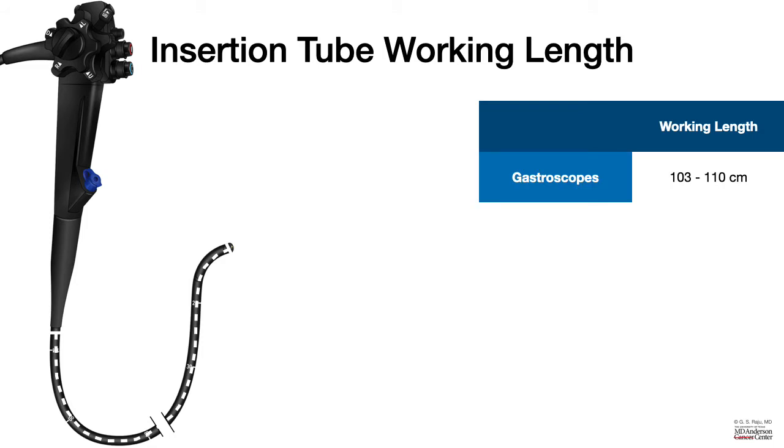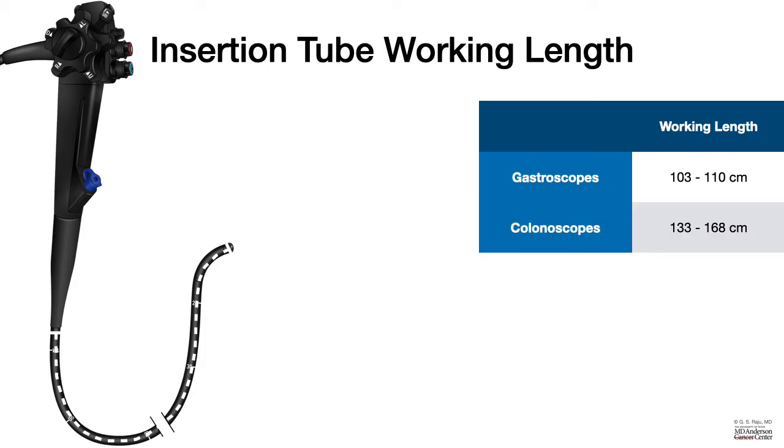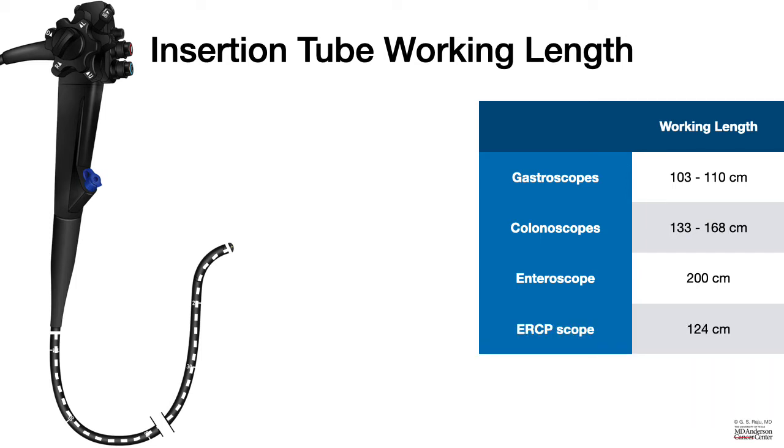The gastroscopes are anywhere between 103 to 110 centimeters. Colonoscopes between 133 to 168 centimeters. Enteroscope 200 centimeters. Duodenoscope or ERCP scope is about 124 centimeters, and about the same length is the ultrasound scope.